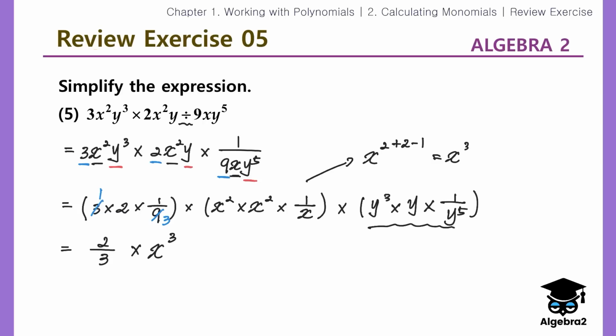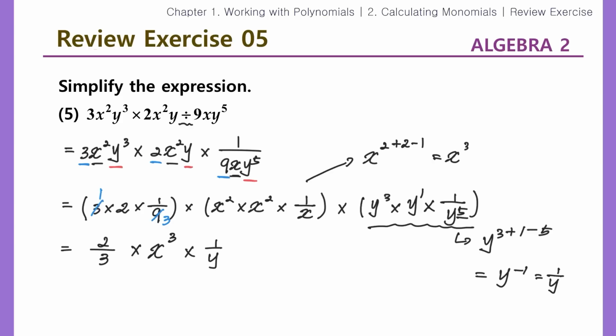And this part right here, that's y 3 plus 1 minus 5 here, right? So that's going to be y to the 4 minus 5, that's negative 1. That's 1 over y. So times 1 over y gives us denominator 3 times y, 3y, numerator 2 times x cubed.